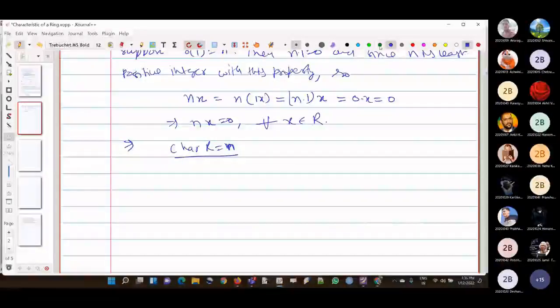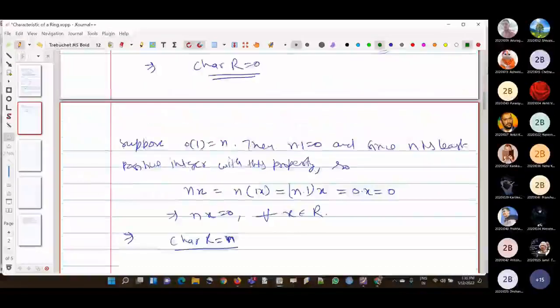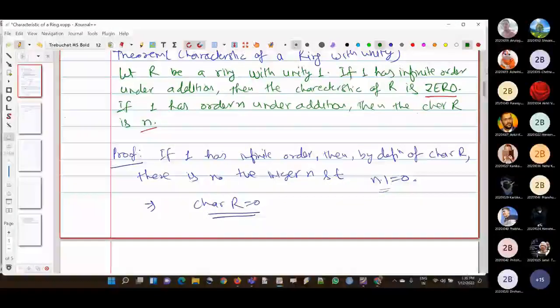And what is that property in case of integral domain? In case of integral domain, we come to know that the characteristic of an integral domain is either 0 or prime. This n here in this theorem was the order of identity.